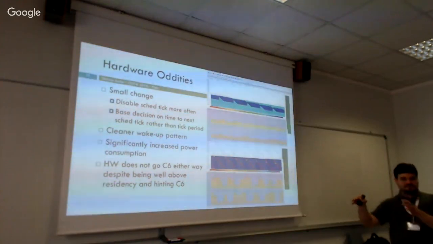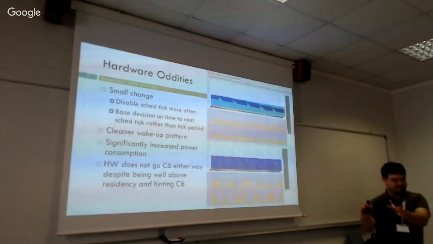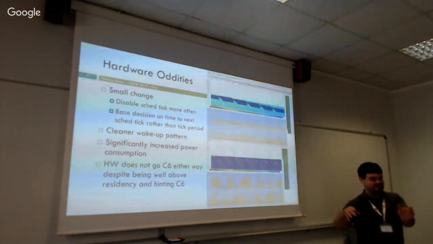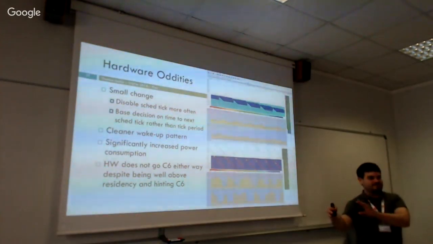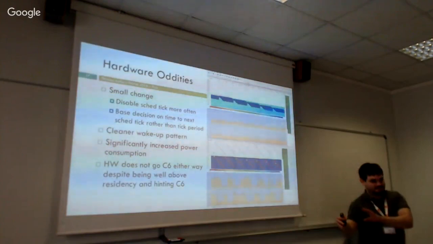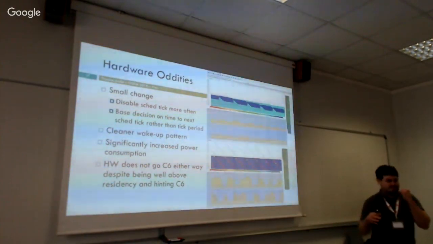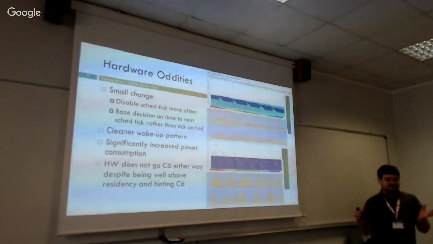You can even show that you sleep for 1.5 milliseconds, and you really sleep for that time, but the hardware residency counters do not show that you slept at all in the state that you requested. So we always have to recognize that the state we say the hardware should go into is a hint to the hardware, and it doesn't necessarily do that.